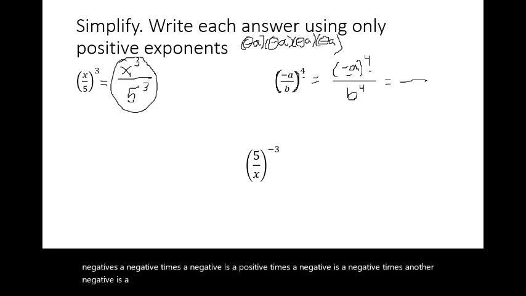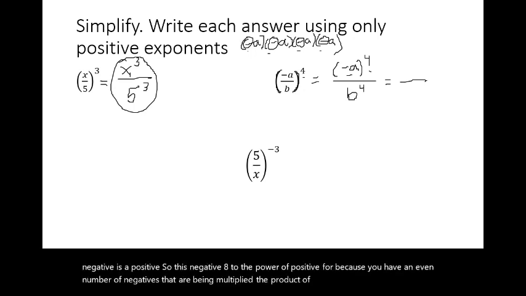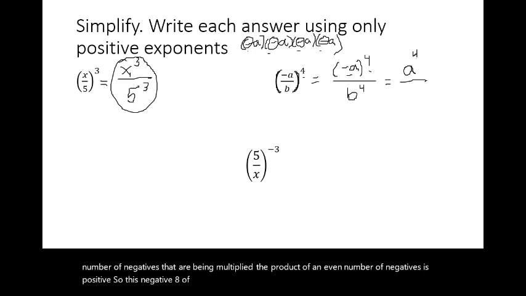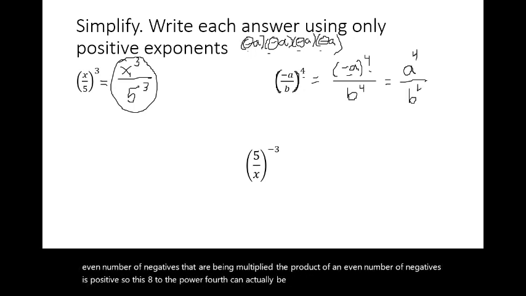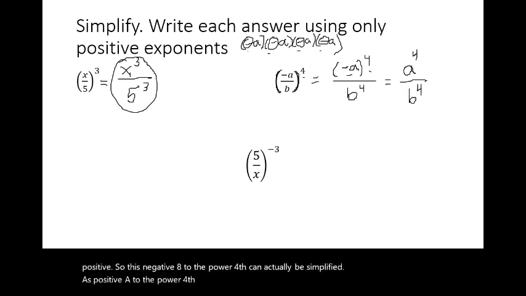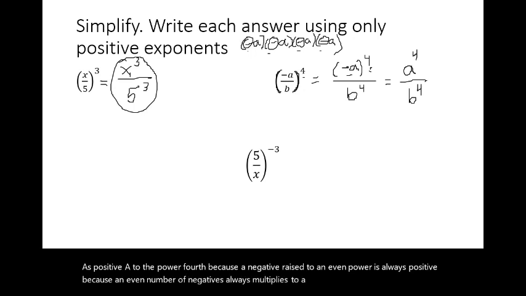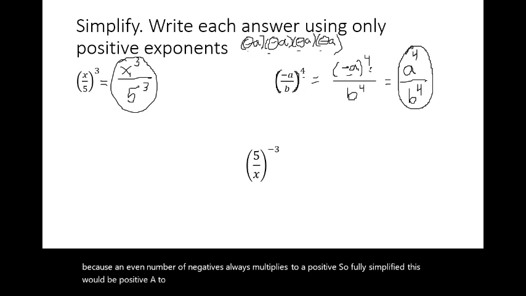So because you have an even number of negatives being multiplied, the product is positive. So this (negative a) to the 4th can be simplified as positive a to the 4th, because a negative raised to an even power is always positive. So fully simplified, this would be positive a to the 4th over b to the 4th.